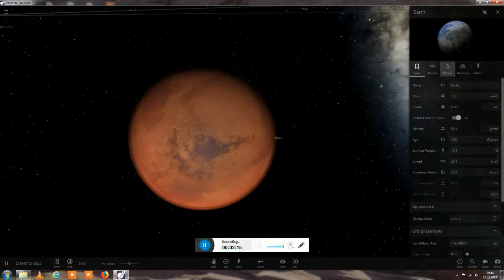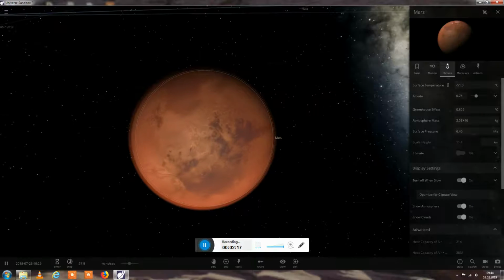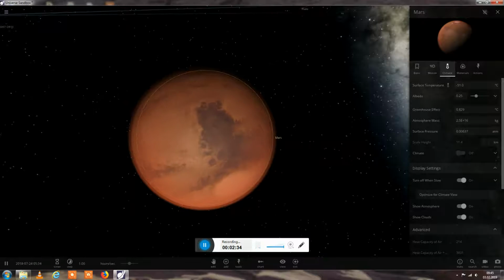So it lost a lot of its atmosphere. I mean, it's basically just 0.006% of the Earth, or 6 millibars versus 1,000 millibars here on Earth.